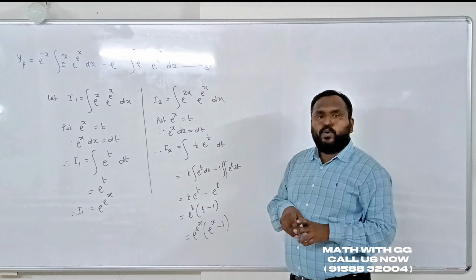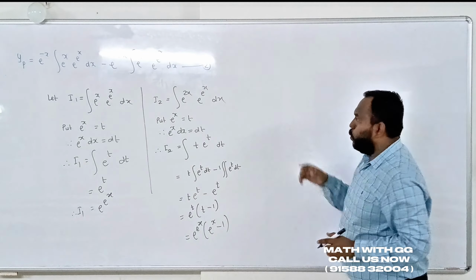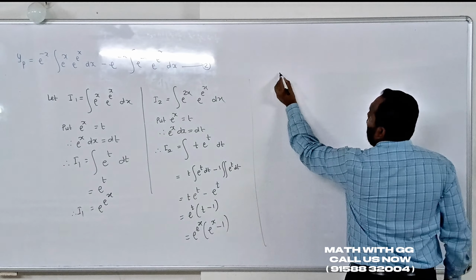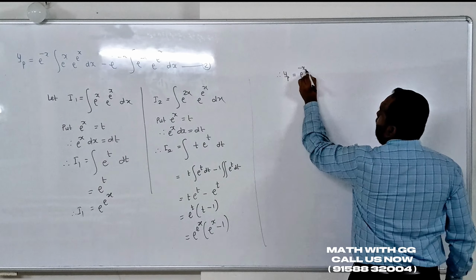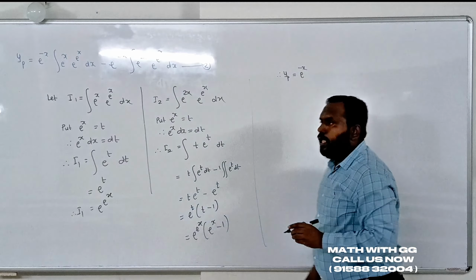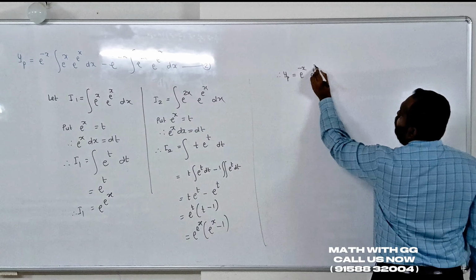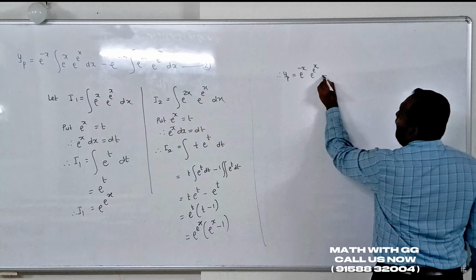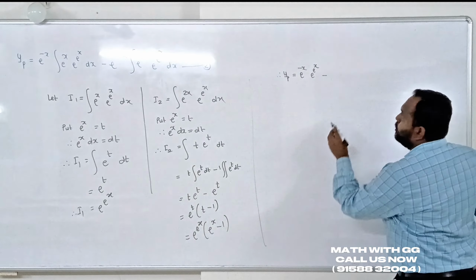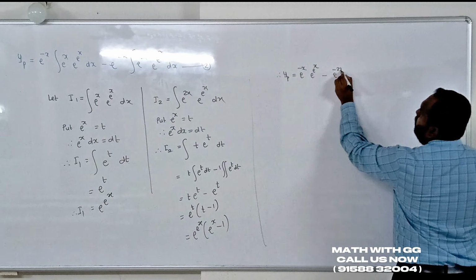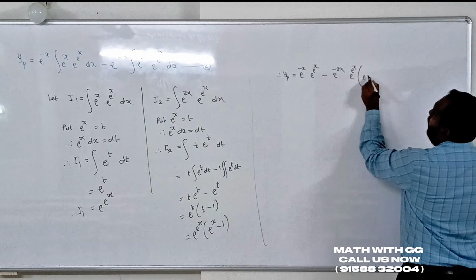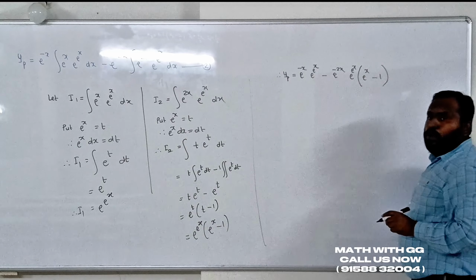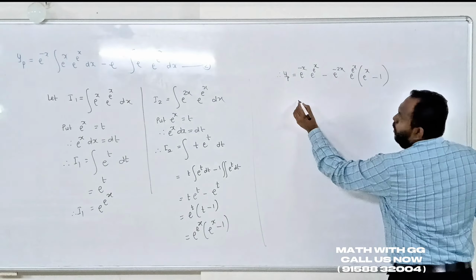So these are the values of the integrations I1 and I2. Now let's substitute these values in equation number 2. Therefore, yp is equal to e raised to minus x into the first integration, e raised to x, minus e raised to minus 2x, the second integration, e raised to x into (e raised to x minus 1). Now we can take e raised to x common.